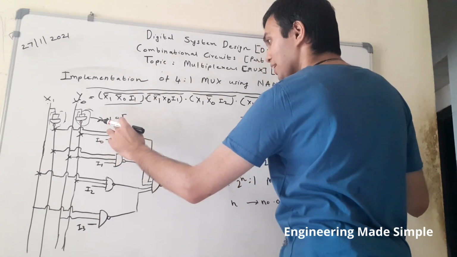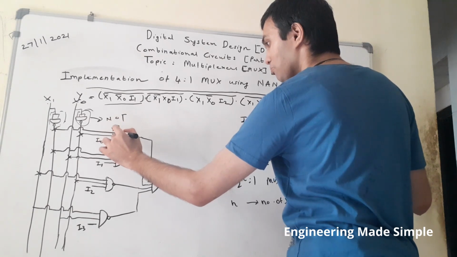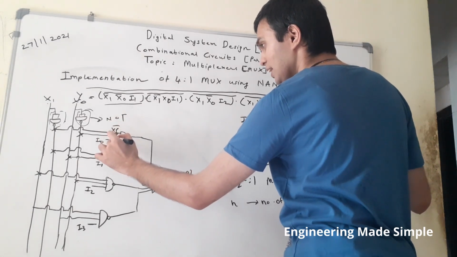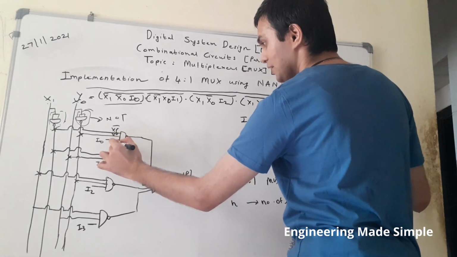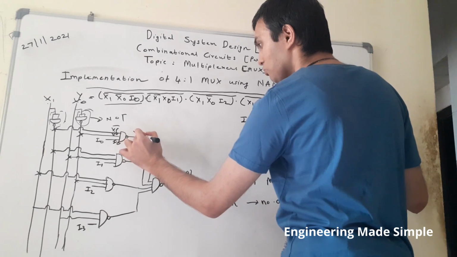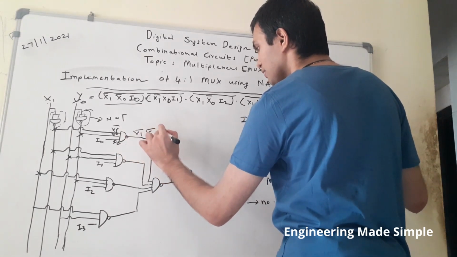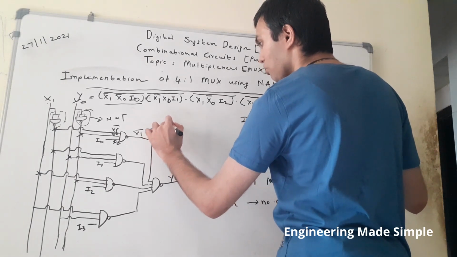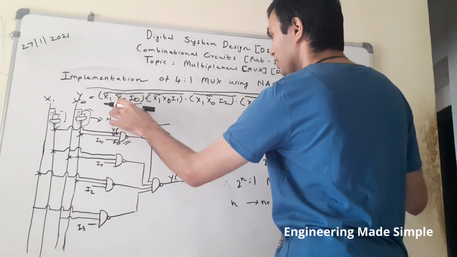So the first term, that is x1 bar, x0 bar, and then the input I0. So here I0 is there. When you pass it to this particular NAND gate, it would be x1 bar, x0 bar, I0, the whole complement, because this is a NAND gate. So this first term we got.